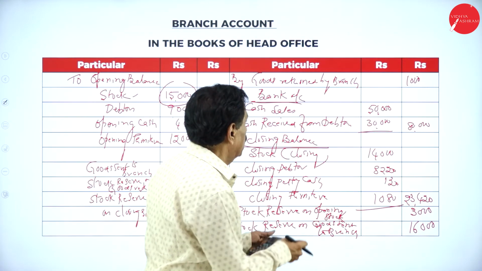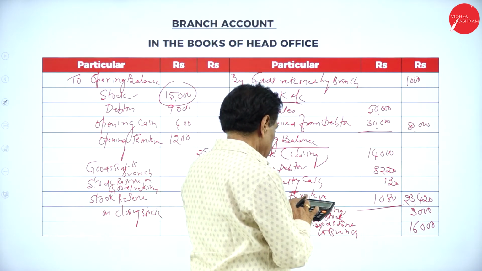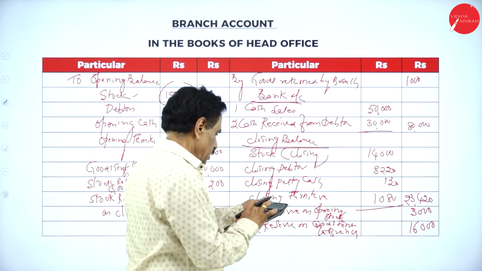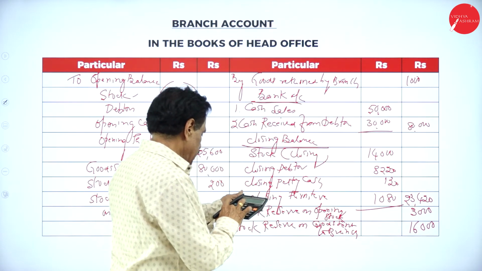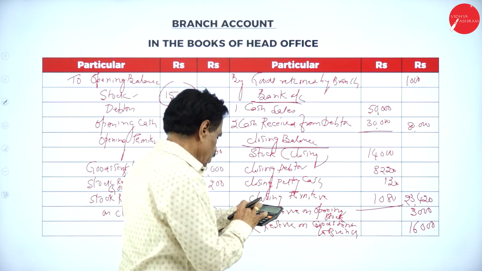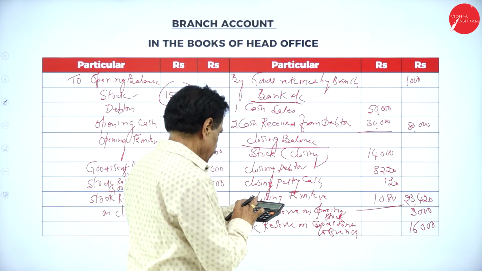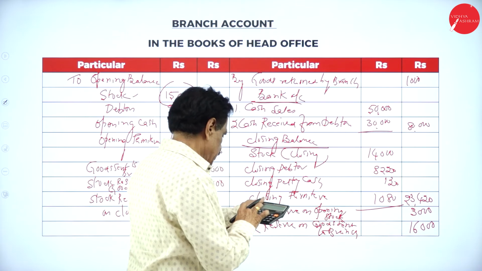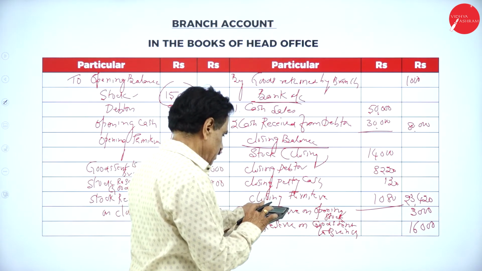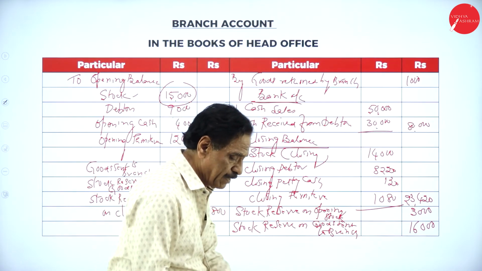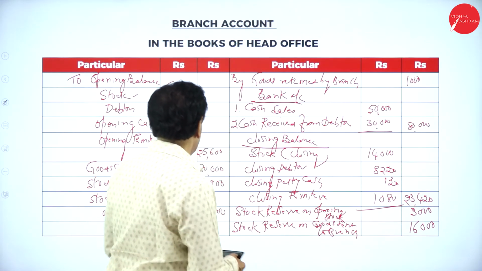This is 1,000 plus 80,000 plus 23,420 plus 3,000 plus 16,000. 1,23,420. That is there. Now, debit side.